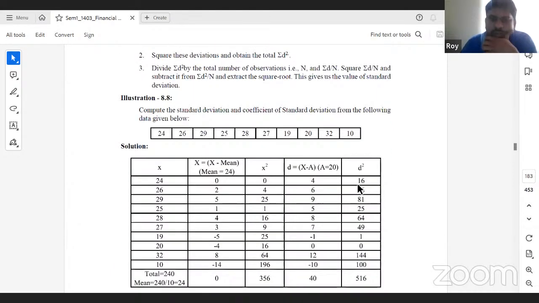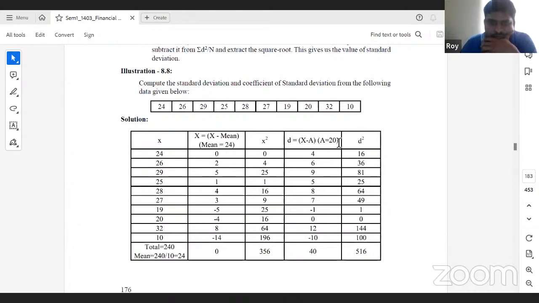They have given this assumed mean as 24. So 24 minus 24 is 0, and 0 minus 4 is minus 4.